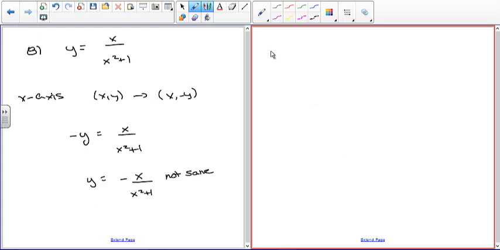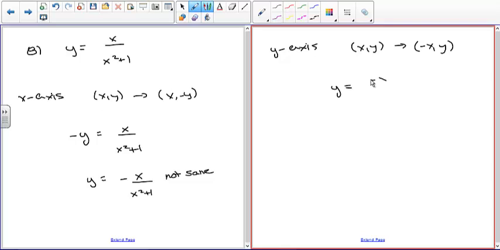Let's try y-axis. So what you do there is you compare x, y versus negative x, y. So into this original equation, for y we put in y, and for x we put in negative x.